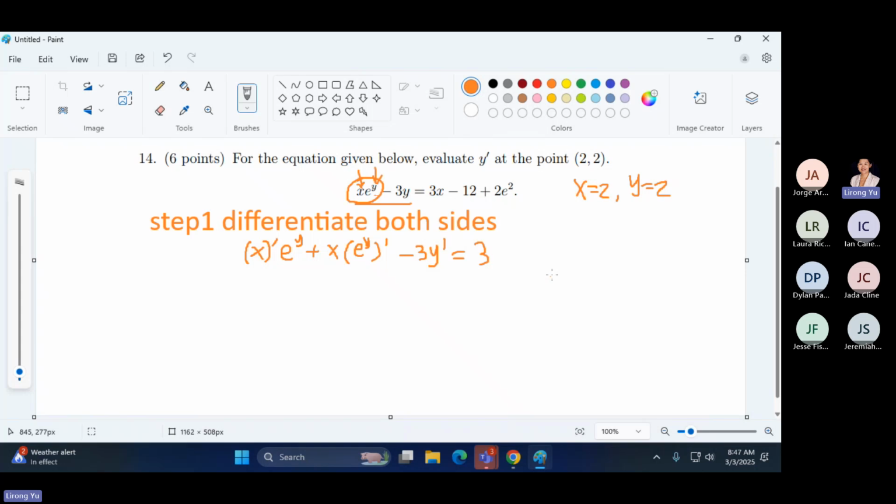But numbers such as negative 12 plus 2e squared don't change. Therefore, they're not variables. They have 0 derivative. So the right side of the equation has fewer variables, therefore less complicated terms as the derivative.